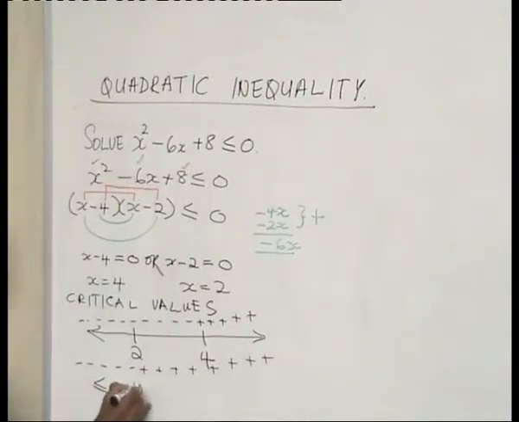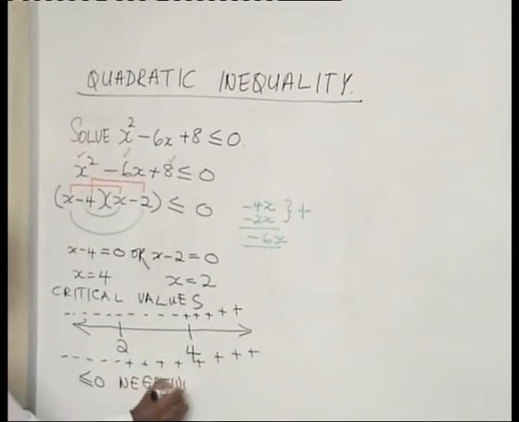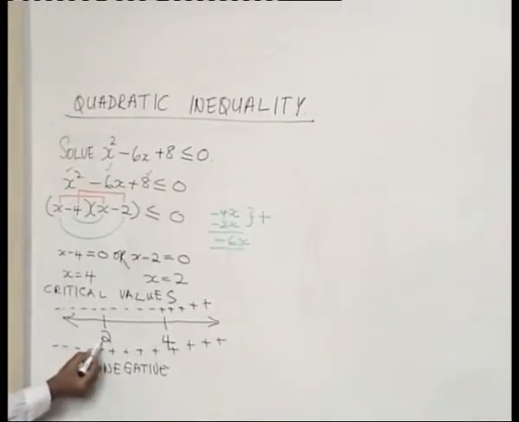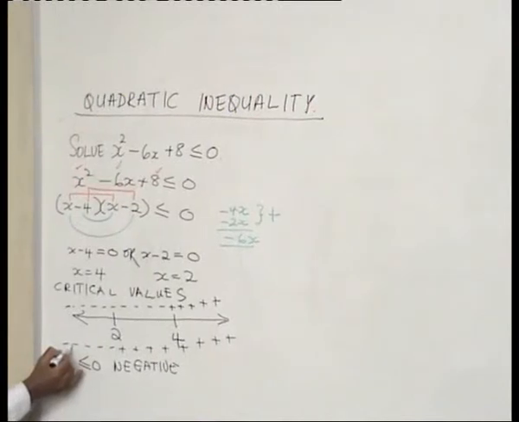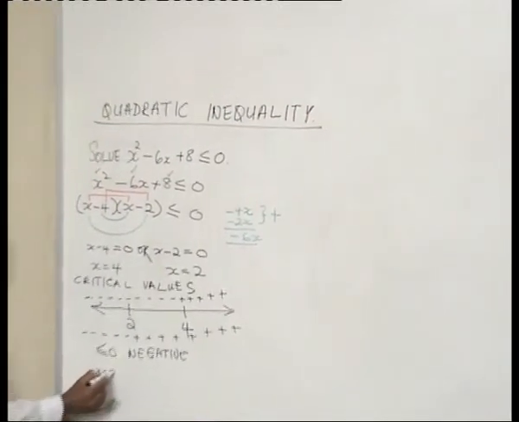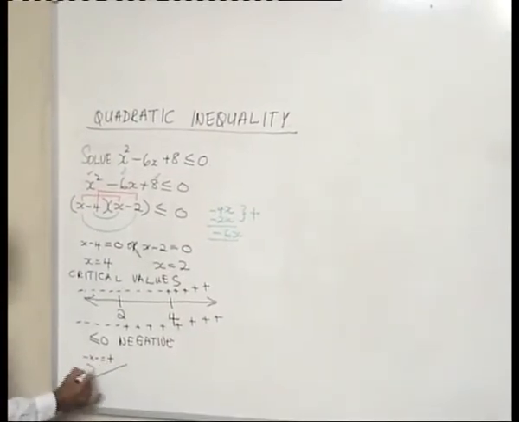That means we are looking for negative. On the left of 2, it is minus times minus. Minus times minus gives me plus. Therefore, the answer is not here.